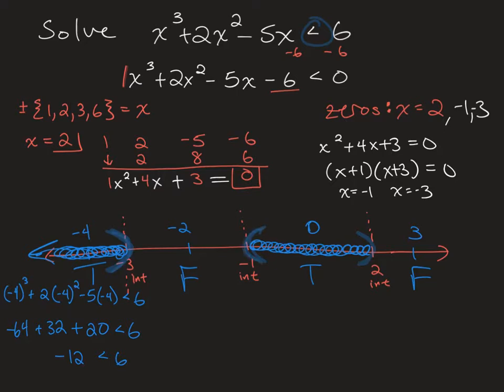And you can write out your final answer then pretty easily. It's going to be negative infinity to negative 3, and negative 1 to 2.